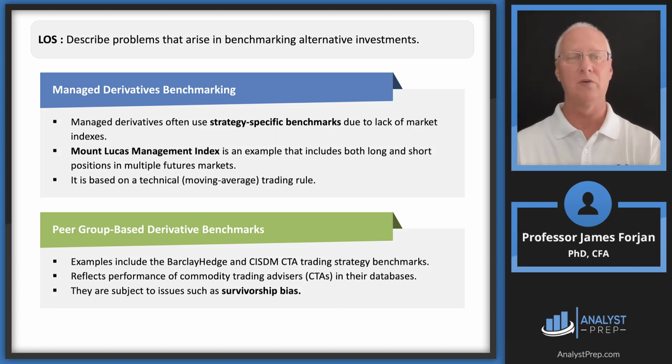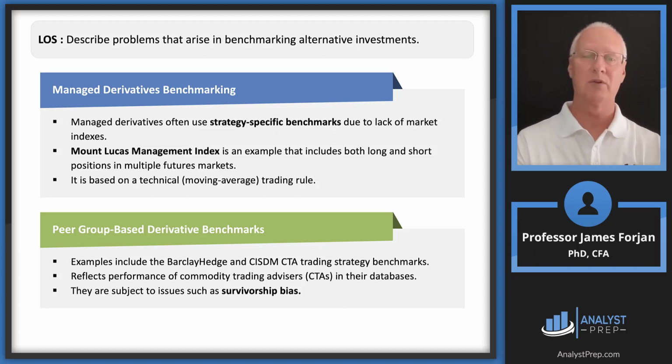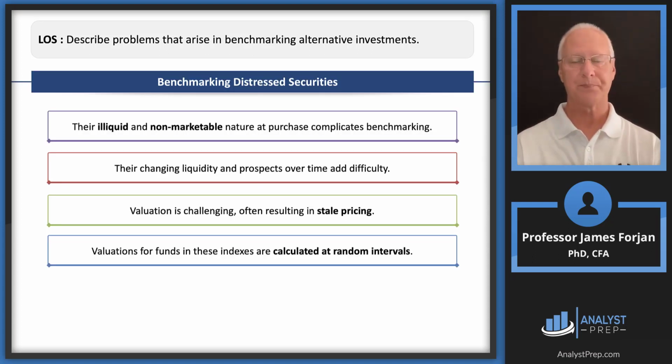What it does is includes long and short positions, not necessarily market neutral, like I was saying just a moment ago. But what it does is it uses some technical analysis. When do we do technical analysis? We did that at length back in level 2. And then you can use peer groups, but they're subject to survivorship bias.